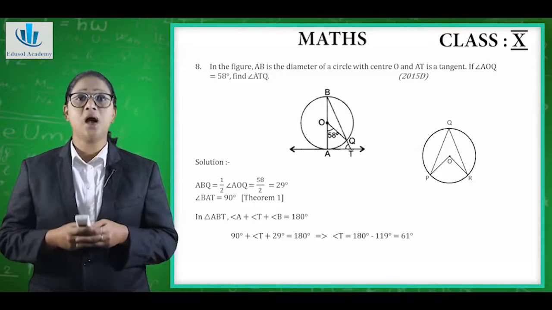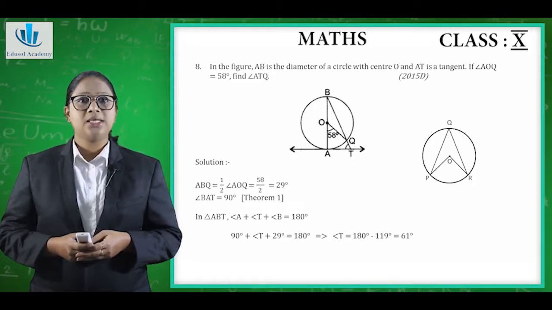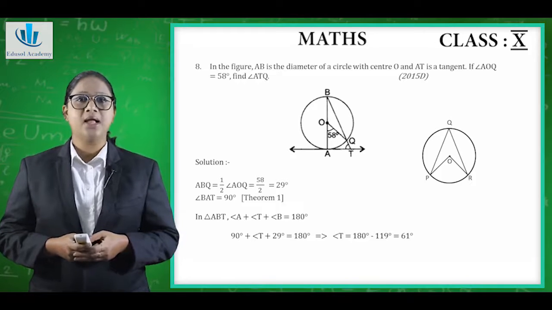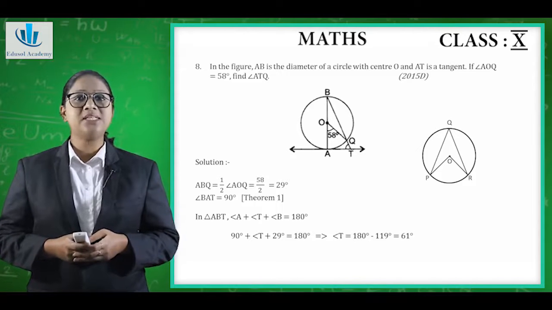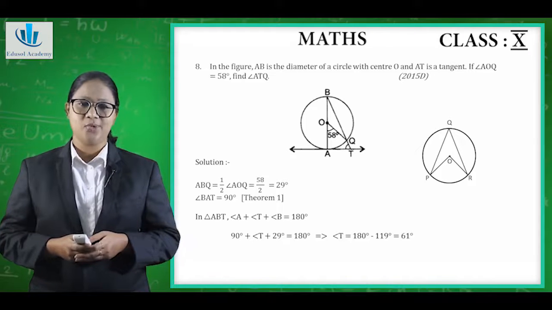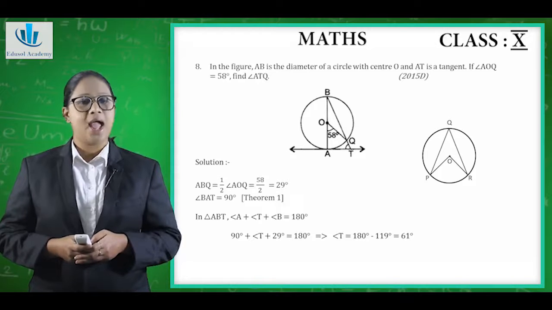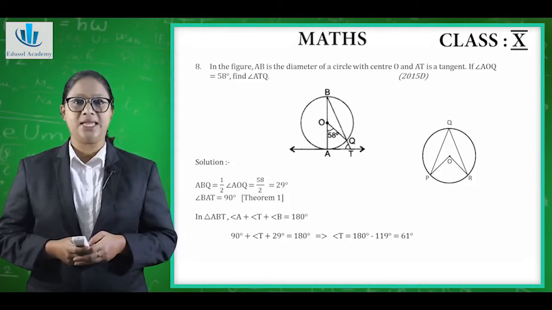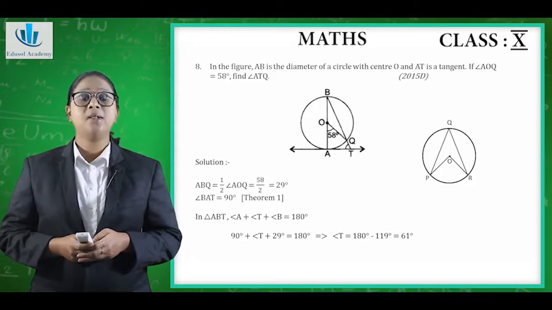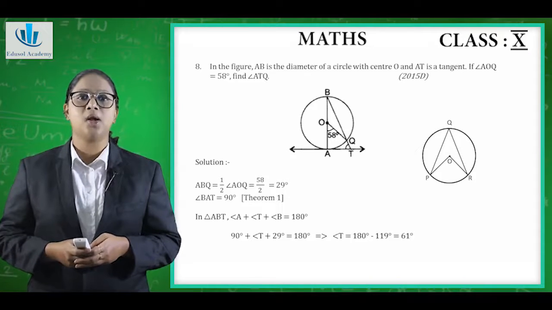You may notice in our figure that angle AOQ is equal to twice angle ABQ. So we can say that angle ABQ is equal to half of angle AOQ, that is half into 58, which is 29 degrees. So angle ABQ is equal to 29 degrees. Now angle BAT is equal to 90 degrees applying Theorem 1.